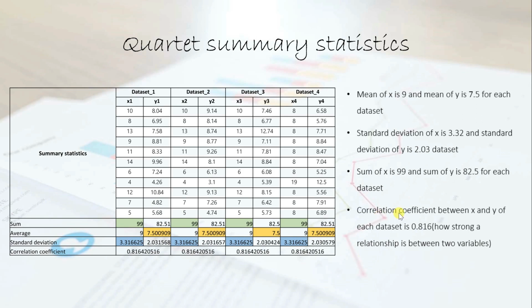The correlation coefficient between X and Y is 0.816, which shows how strong the relationship is between the two variables. Interpreting the data with these summary statistics, we would conclude that there is no difference between the datasets, or that they represent almost similar characteristics.